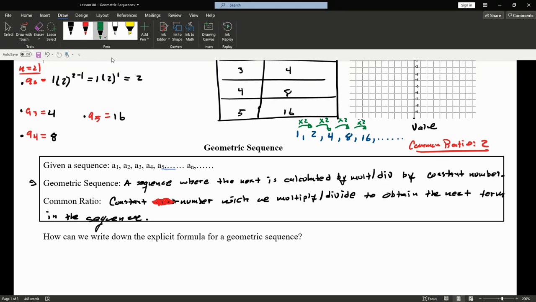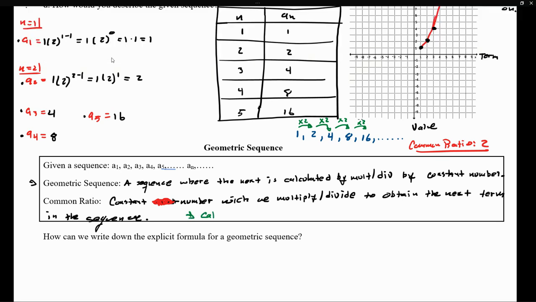Now, is there a way for us to properly calculate the value of this common ratio? Yeah, because all we got to do is get one term and divide it by the previous one, or a sub n over a sub n minus 1. What I'm trying to say here is, choose a term in the sequence.